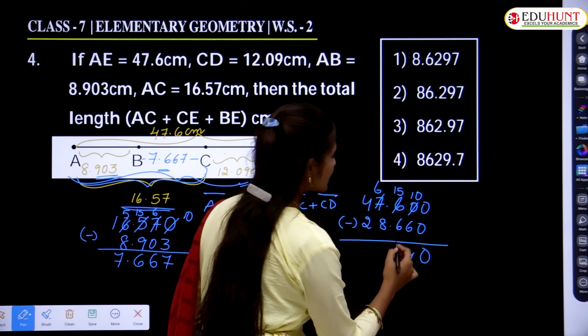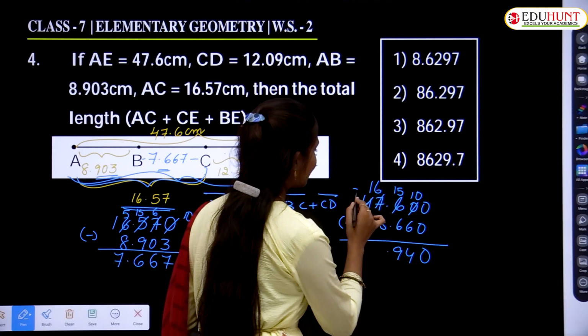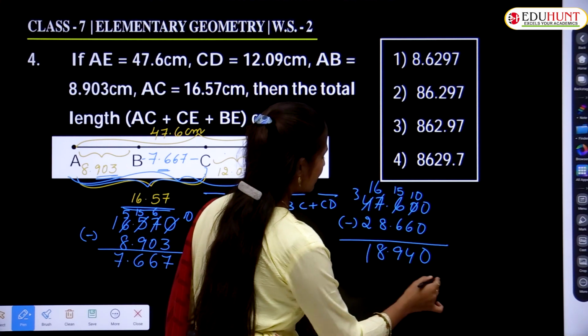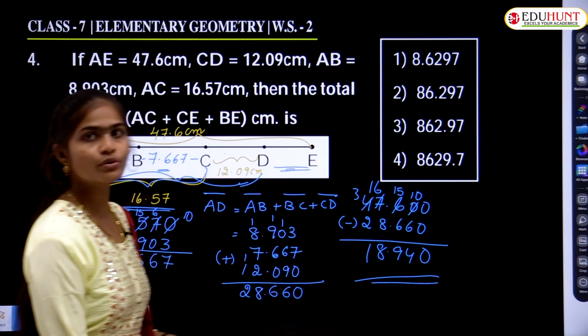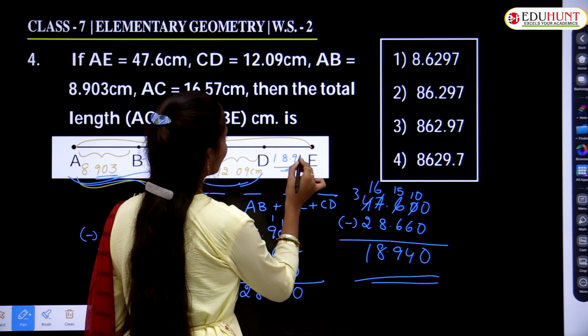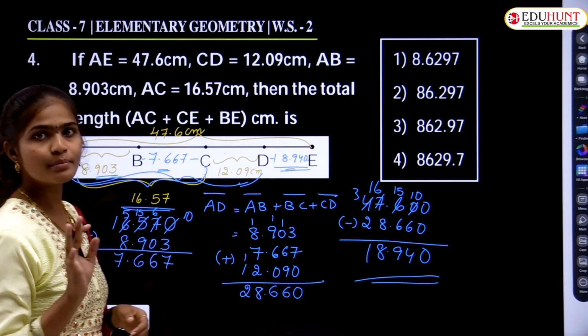Okay, 15 minus 6 is equal to 9, and here 16. 16 minus 8 is equal to 8, and here 3 minus 2 is equal to 1. So 18.940. Okay, now we have all the measurements.